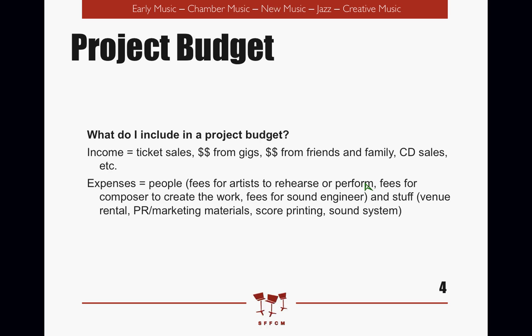And then the other part of expenses is usually stuff. So it's people and stuff. Stuff would be your venue rental if you're doing a performance, or a sound studio rental, PR and marketing materials that are specific to your project, whether you're doing a recording or a performance, score printing, sound system rental, piano tuning, printing and postage, a bunch of different things that could fall into this category.